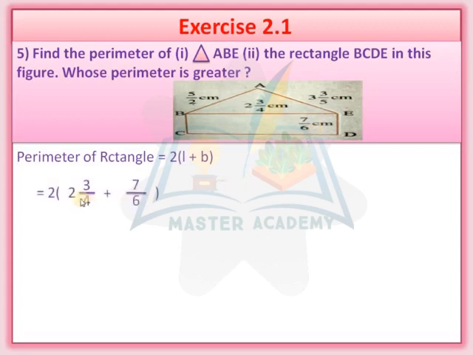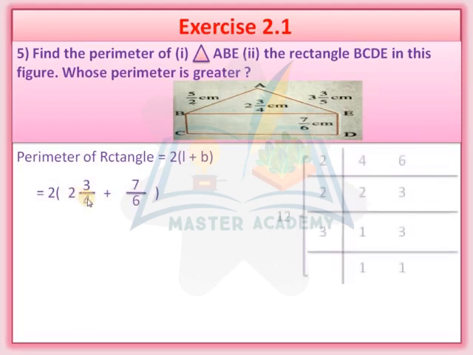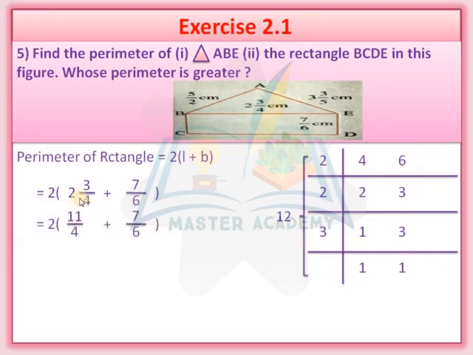Okay, now first we will convert into which? 4 and 6, here we find out the LCM of 4 and 6 is 12, beta. Now you can see what is the answer. 4 times 2 is 8, 8 plus 3 is equal to 11 upon 4.